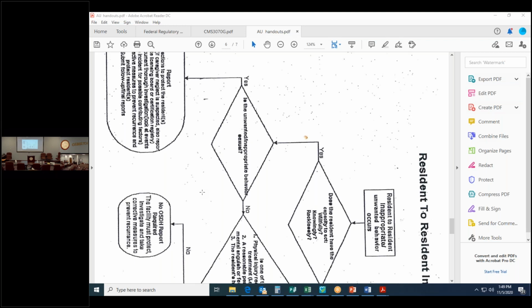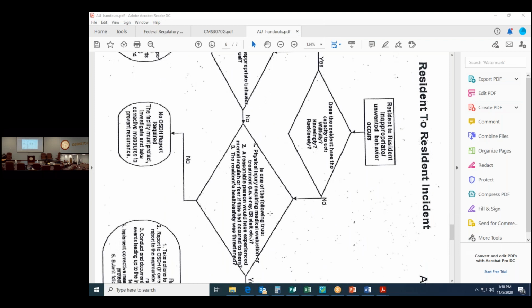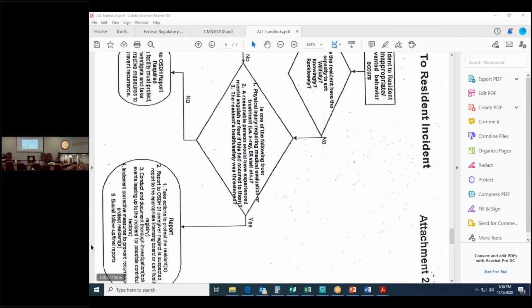If the answer is yes, is the unwanted or inappropriate behavior sexual? No. So then you would go over to the next one. So then you would be answering the question, is one or more of the following true? Was there physical injury? If yes, then you report. So that's how you utilize this diagram.